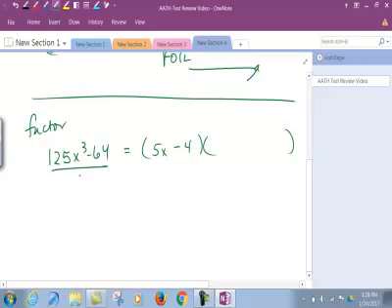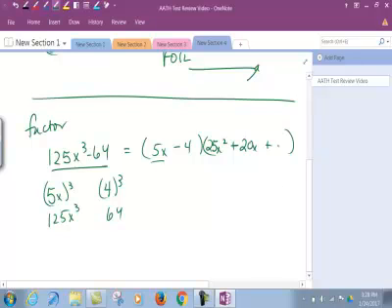The way I got that was I said that 5x cubed gave me the 125x cubed, and 4 cubed gave me the 64. Remember the sign pattern is minus plus plus, and then the pattern for the terms here is: the first one, we take the first term and square it. The second one, we multiply them together, and the last one, we square the last term.